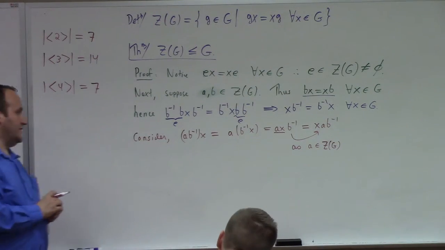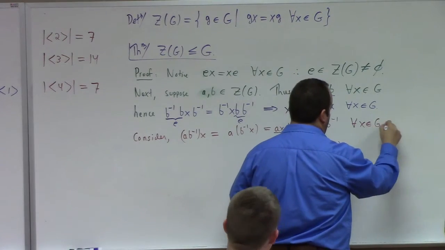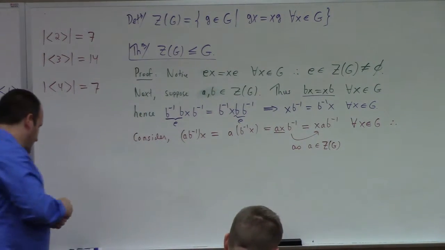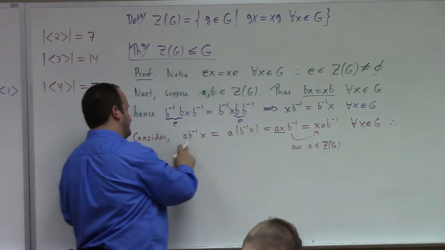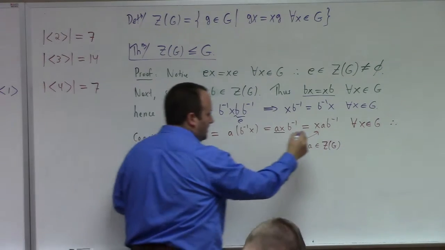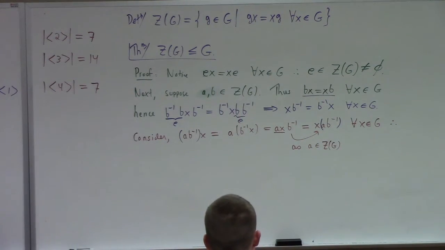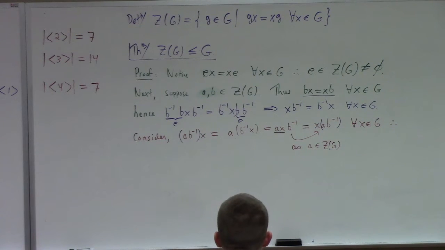And what does that show? This identity is true of what? For all X in G. So therefore what have I shown? Let me add some parentheses here to emphasize what's going on. We've just shown that A times B inverse commutes with everything in the group, on the basis of the assumption that A and B are in the center.